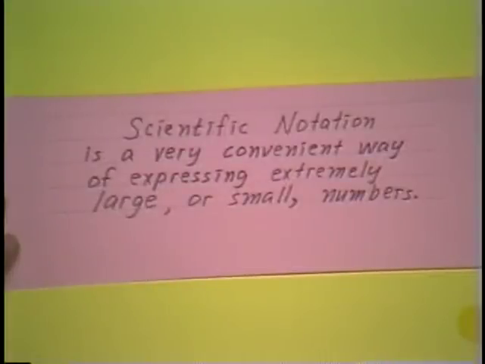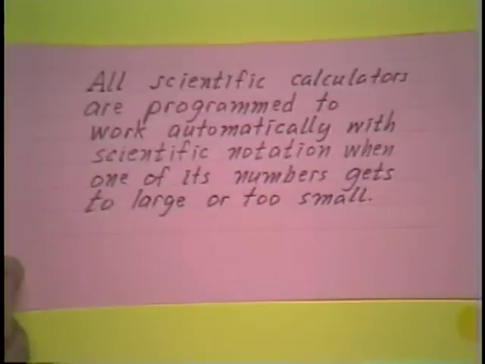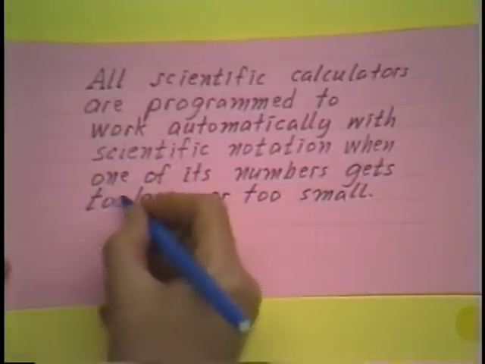Scientific notation is a very convenient way of expressing extremely large or extremely small numbers. It's so important that all scientific calculators are pre-programmed to work automatically with scientific notation when one of its numbers gets too large or too small.